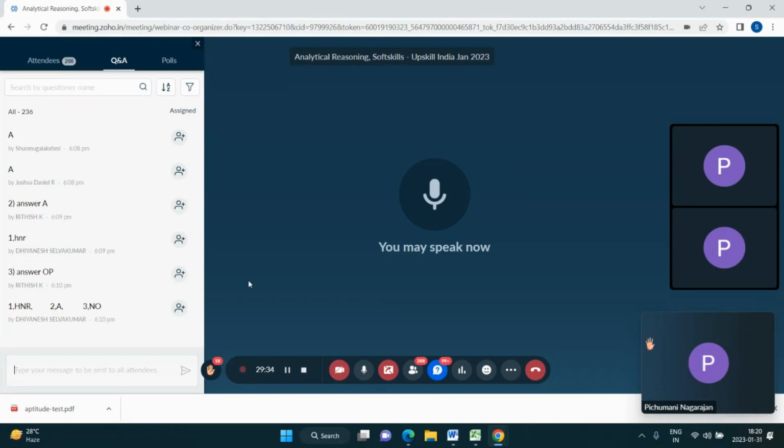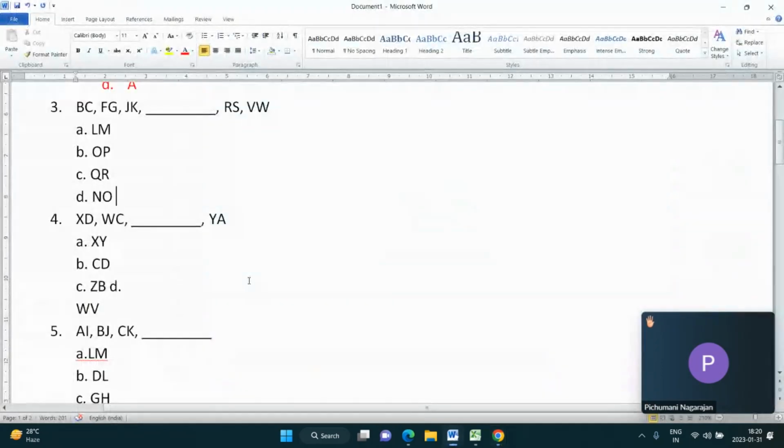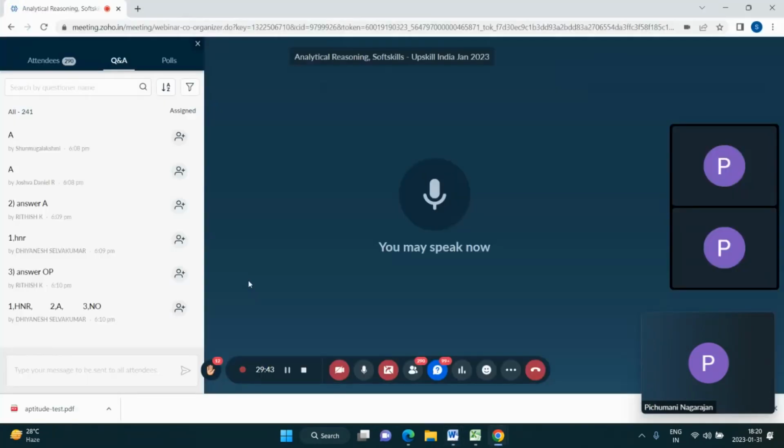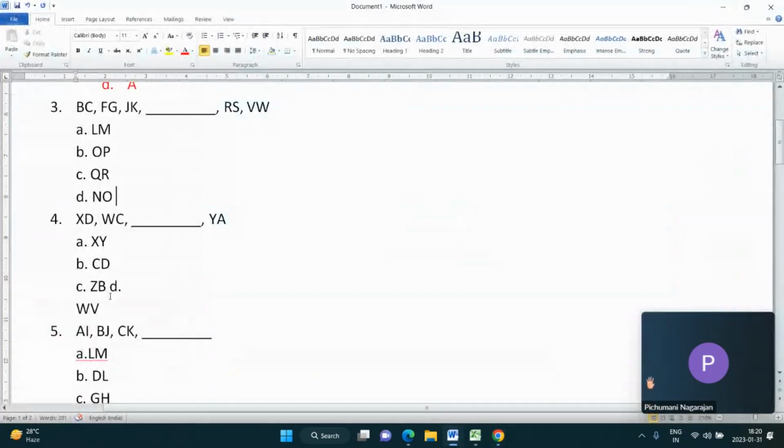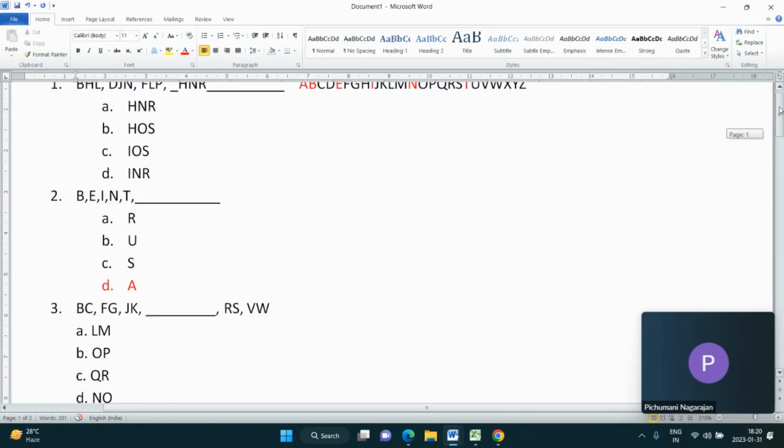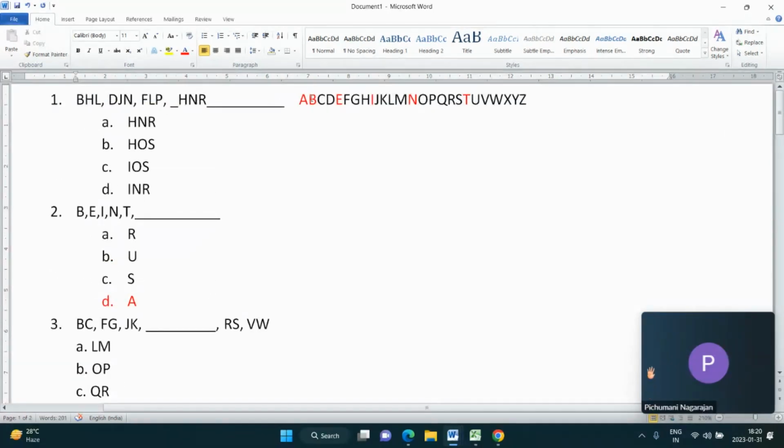What is the answer? Again, you have to go back to this, how these are formed.